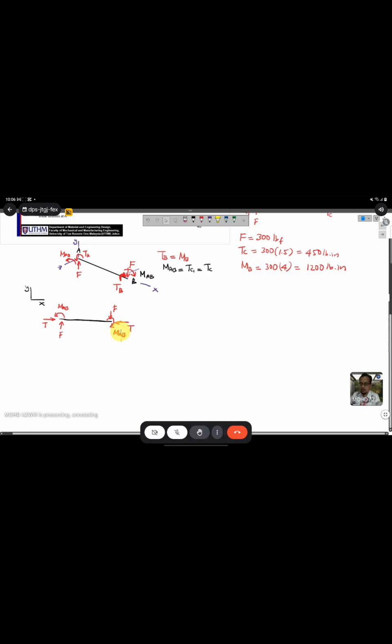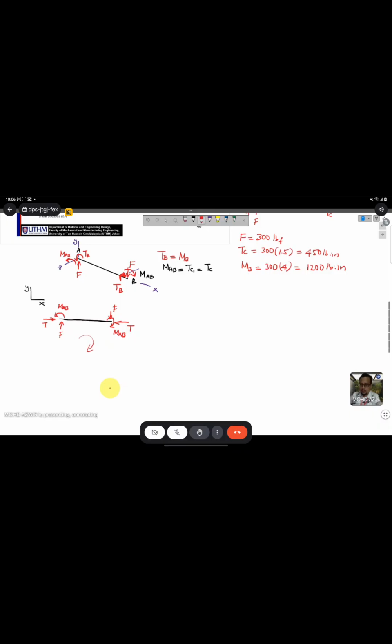Okay, F and F also have the same value, but you can see they are not acting along one straight line. They are acting at some distance. So that means there is another moment. It tends to rotate in this direction.